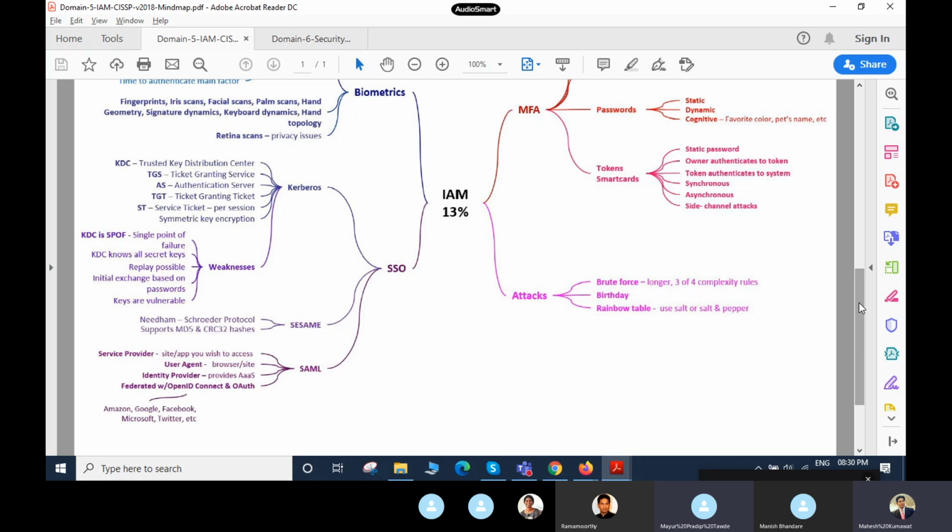The identity provider seeks the identity, and the service provider provides the authentication for the same.